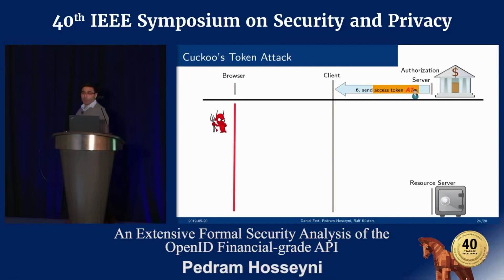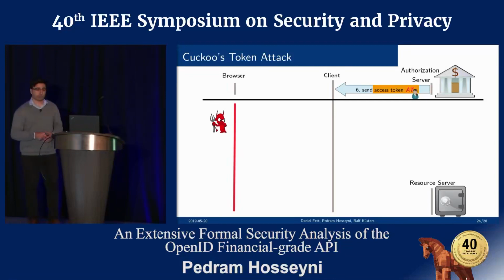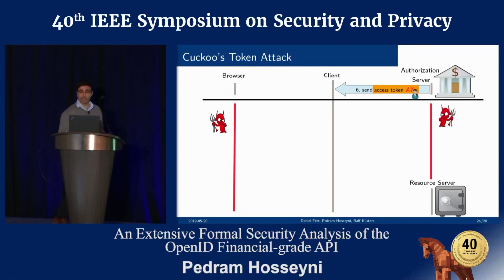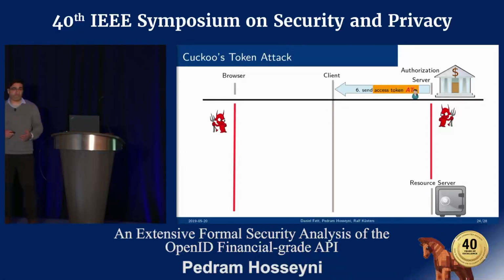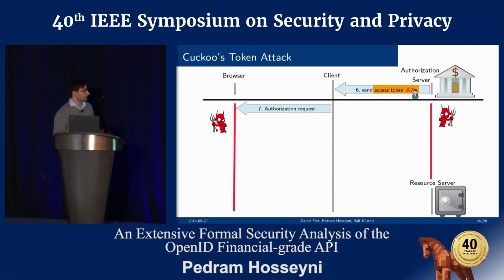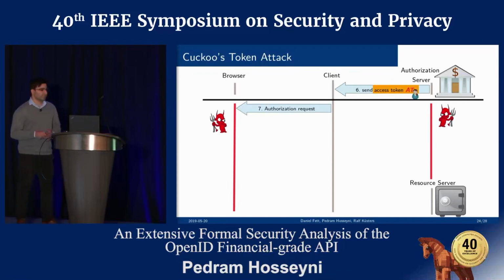So in the following, we assume that just one of these authorization servers is malicious, and this is the complete setting. The attacker is using the client and his own authorization server. This is, again, a basic OAuth flow. The client starts the flow by sending the authorization request.